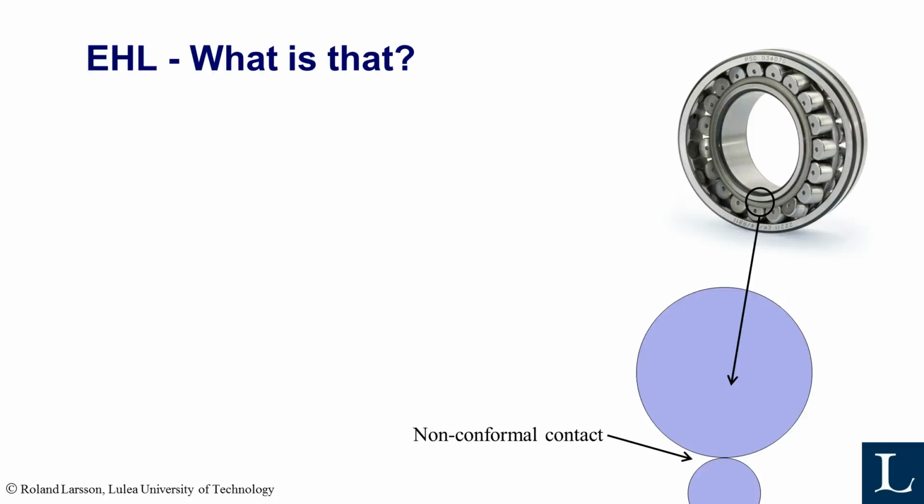EHL, what is that? That's the first question. In the upper right corner here you can see a rolling element bearing, and elastohydrodynamic lubrication, that's typically the type of lubrication found in bearings of this type. And in a bearing like this, the contact of the two surfaces are what we call non-conformal.